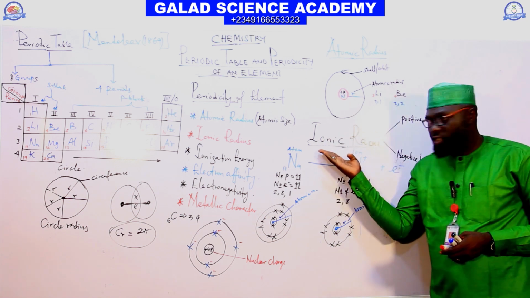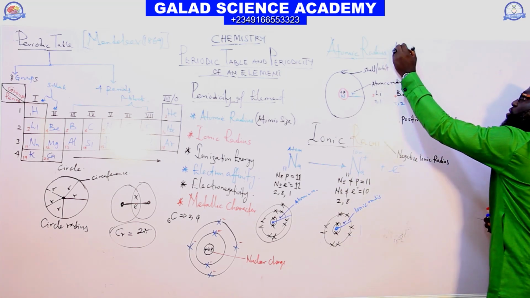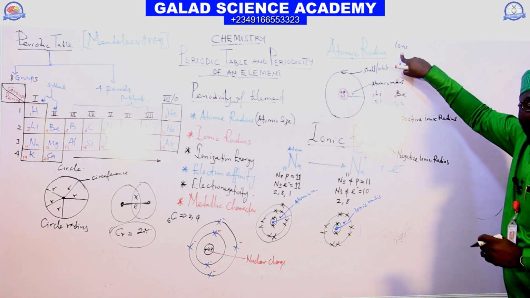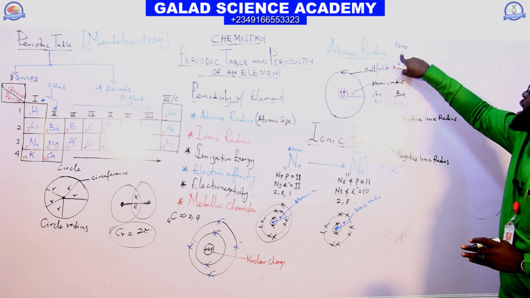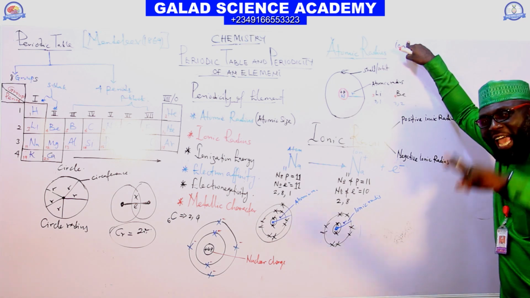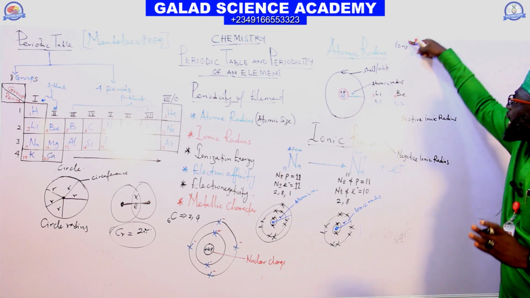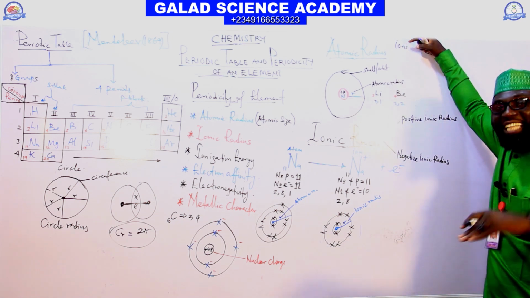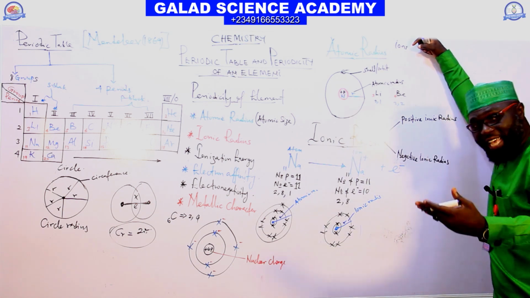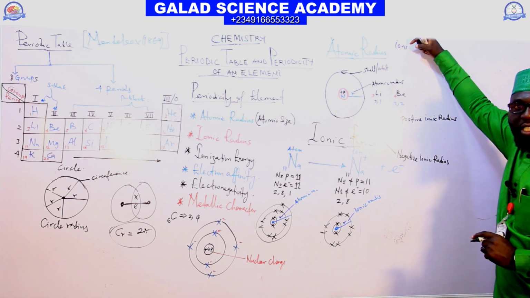Look at ions. The word ions in chemistry: ions can occur when atoms lose or gain electrons. Ions can be obtained as a result of an atom being ionized, either by gaining electrons or by losing electrons.